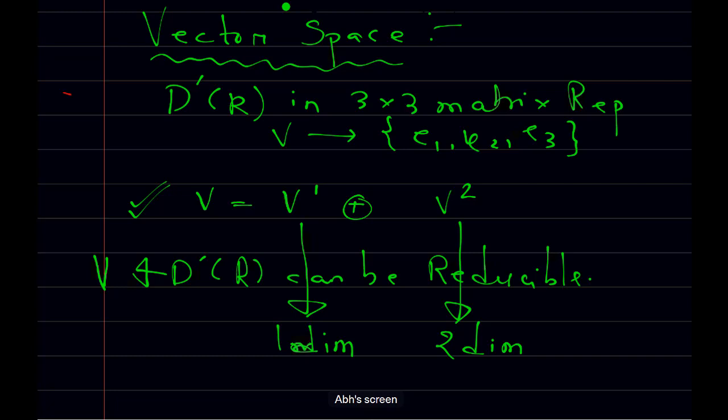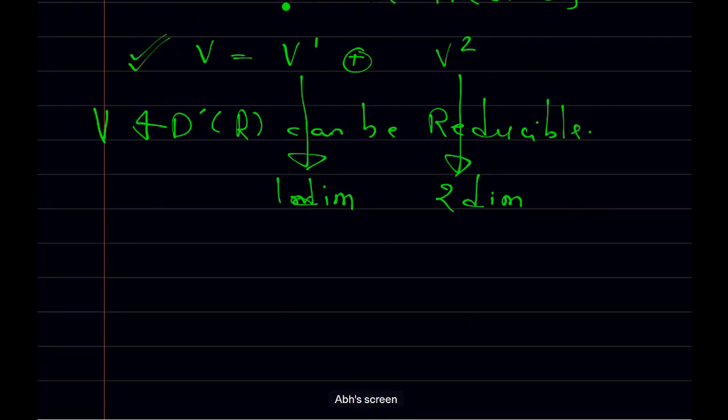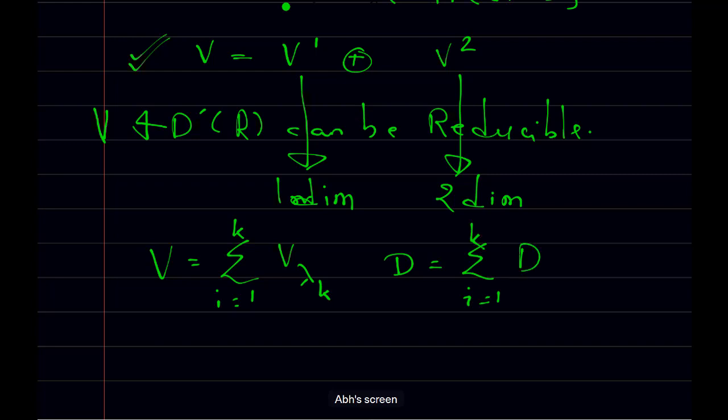No doubts now. So in a mathematics book, you will find this written. If you have a vector space V, which is from i equals 1 to k, and it decomposes into k subspaces, that means V can be written as a direct sum of so many representations.